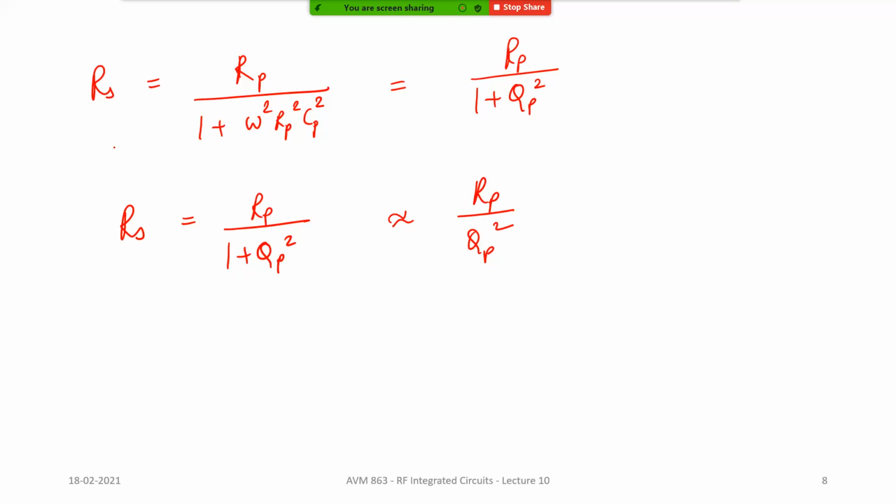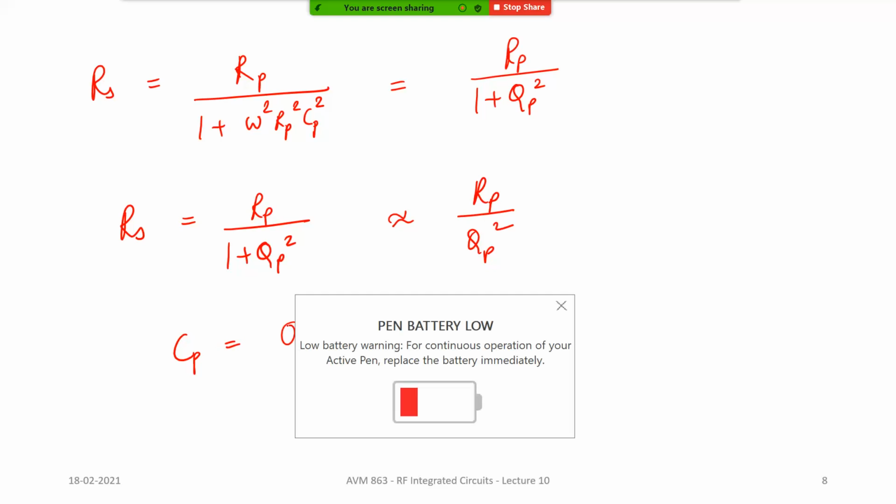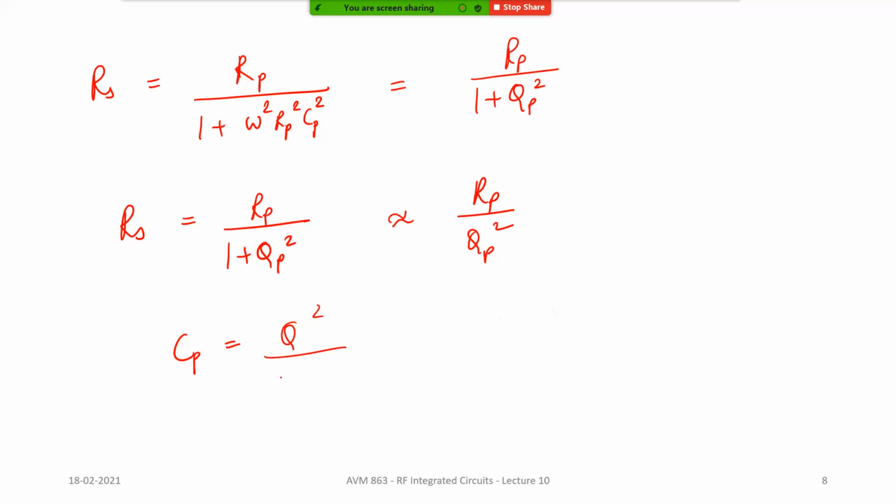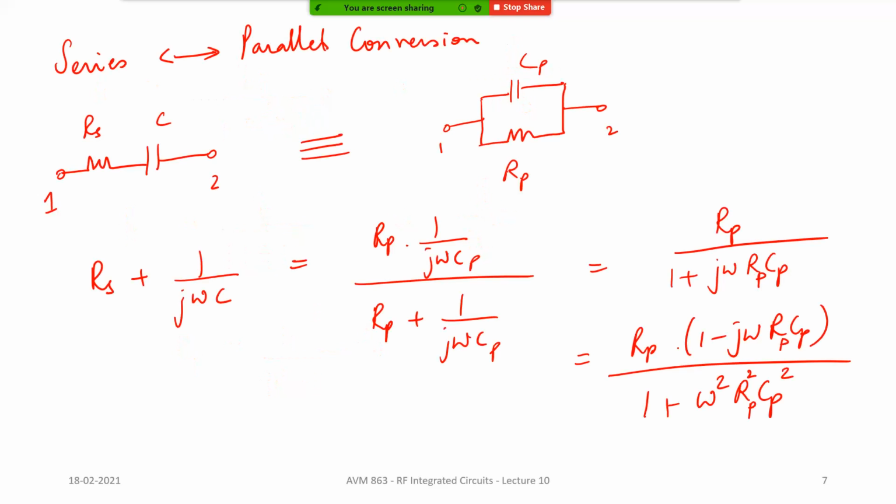So Rp is going to be like this, and Cp, I'm just writing the equation here. You'll have Q squared divided by Q squared plus 1 into Cs. You can derive this. You have the imaginary part on both sides, both with minus j, so the sign gets cancelled.